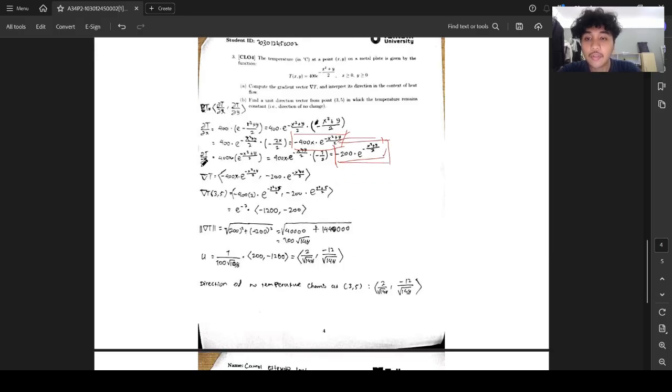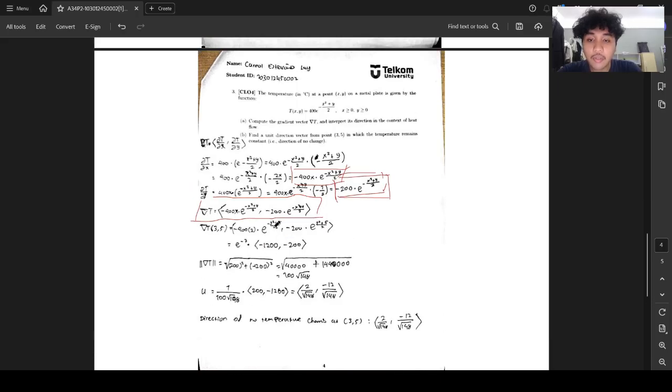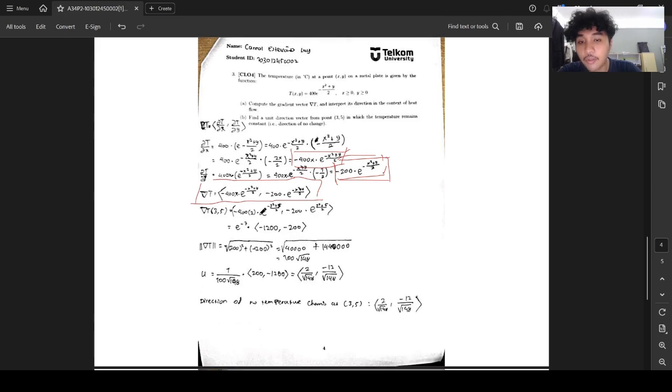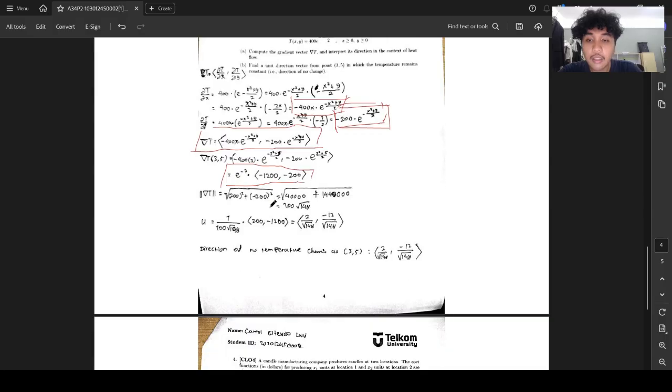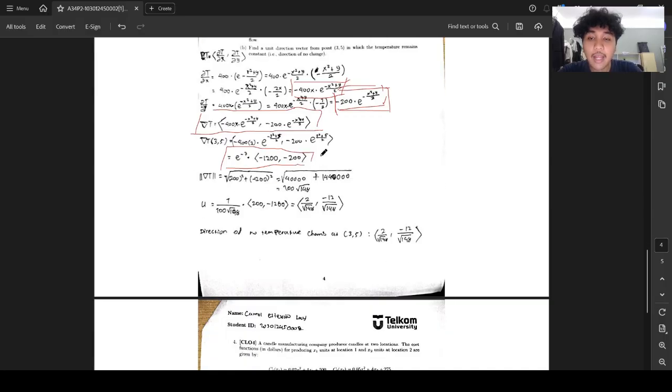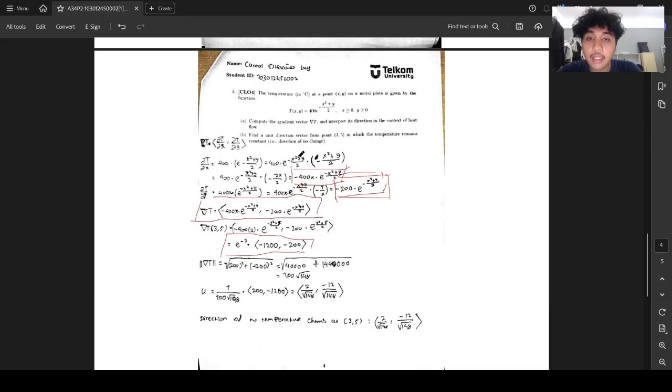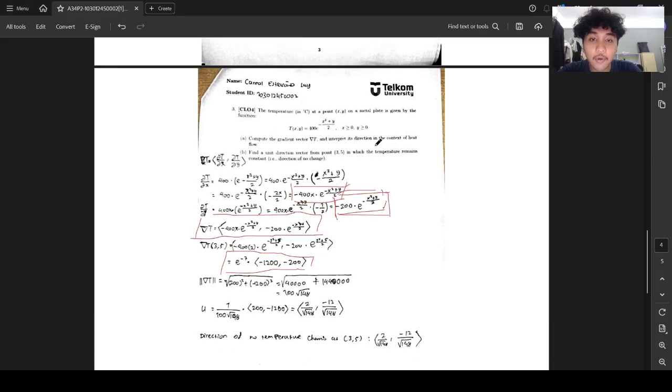And as we know, this is the gradient that we already calculated. So here we also gonna implement the gradient at the point of 3 and 5. So here we put the x as 3 and the y as 5, and here's what we got of the gradient. And now we calculate this value into the direction in which the temperature remains constant.